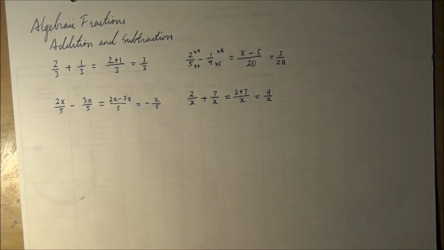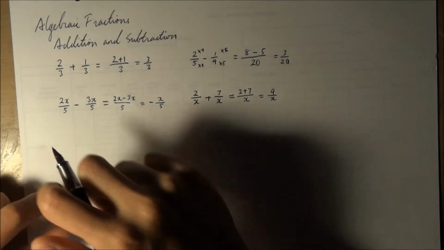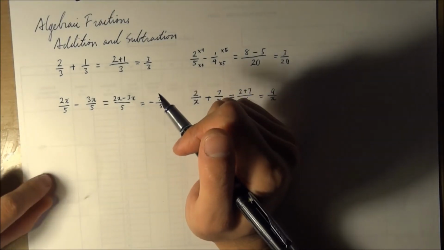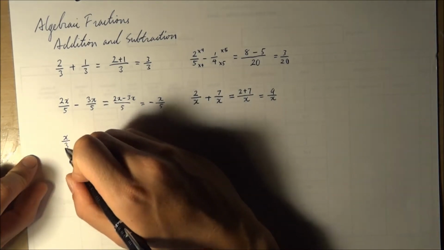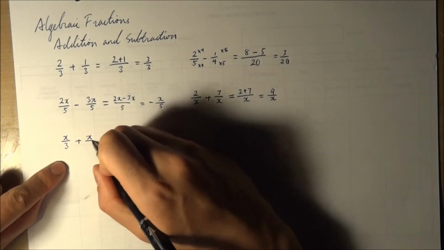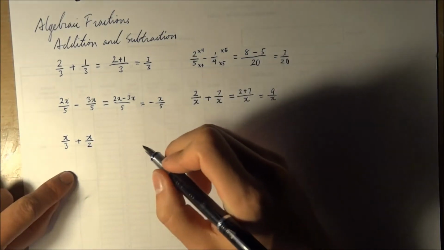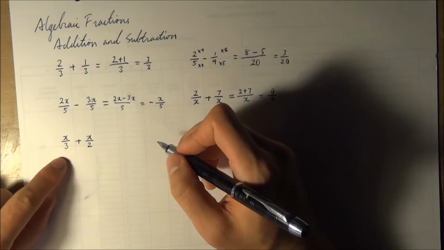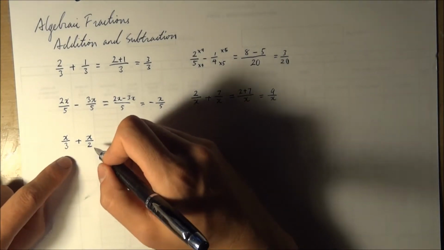Okay, if the denominators are different, then we'll have to turn them into equivalent fractions again. So for example, if we have x over 3 plus x over 2. In this particular case, we have to convert the denominators.